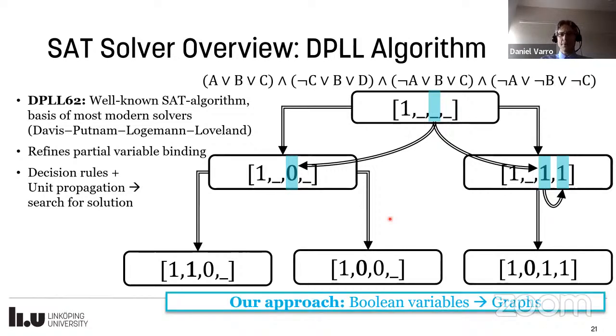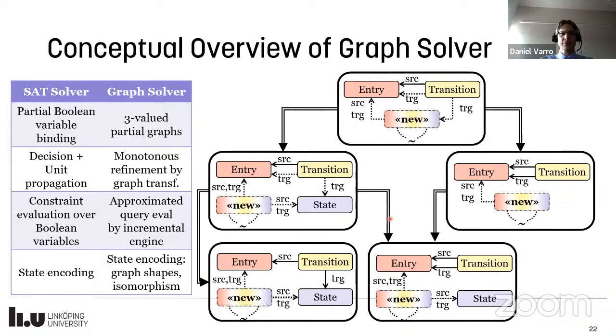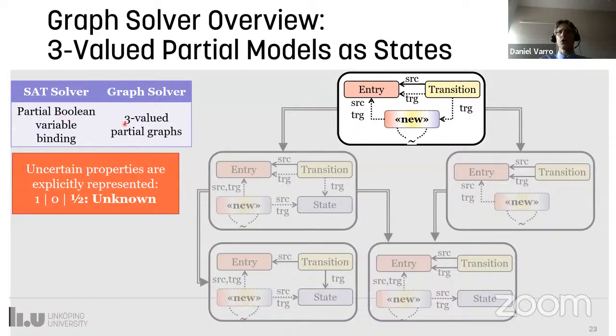Now, our approach for consistent graph generation is lifting these principles to the level of abstract graphs, which consists of a couple of key ideas. And again, I will only highlight the key ideas. First, we are operating on the level of partial or three-valued graph models. A three-valued graph model looks like a regular one, but it's extended in a way that uncertainty in the model is explicitly represented.